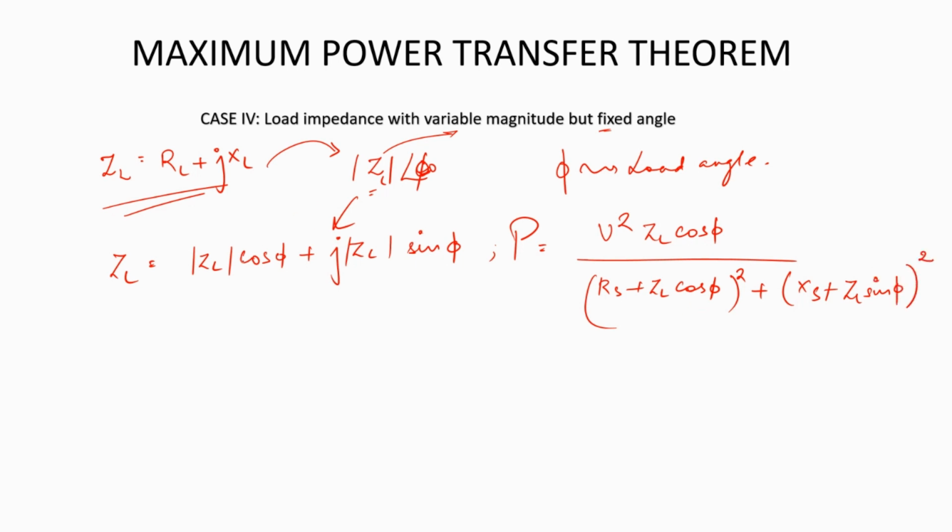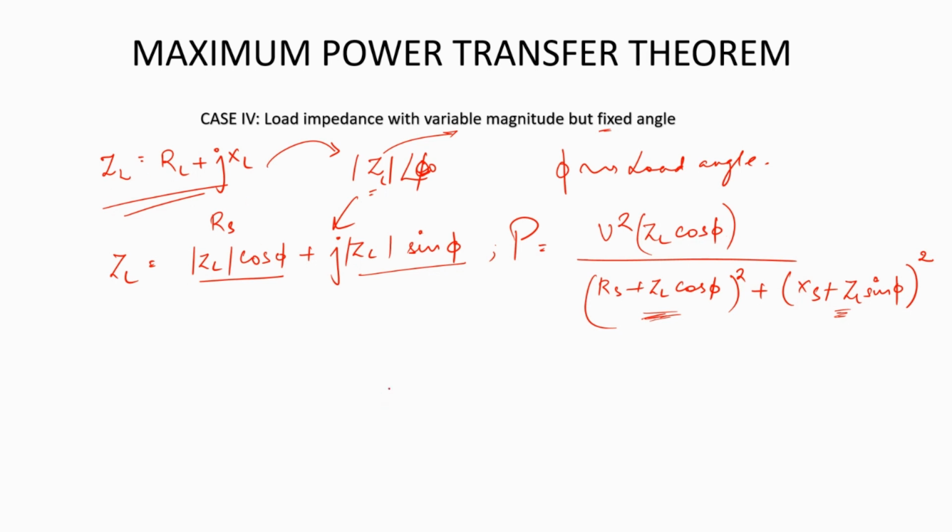This means that the cos component is the real part and the sine component is the imaginary part, meaning this is going to represent the resistance and this part is going to represent the reactance part of the load. So taking the cos component, which is a real part, and RS, which is the real part of the source, together, we have the real components here and the imaginary part over here. So this is going to be I square. V square divided by this denominator is I square, and we have the load resistance as ZL cos phi, which is the real part of ZL, right?